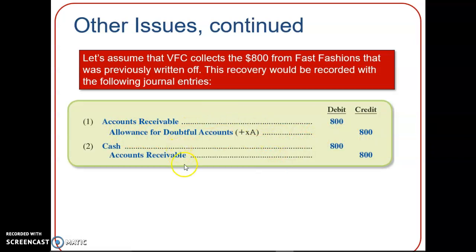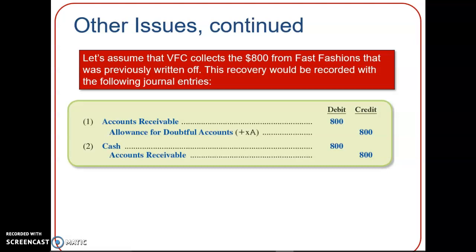And just as we mentioned before, net accounts receivable after allowance is the difference between accounts receivable and the allowance account. As a result, if you increase them both by $800, guess what? The net accounts receivable amount remains the same.